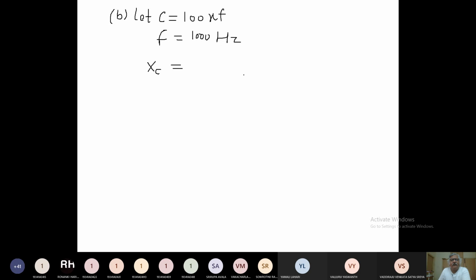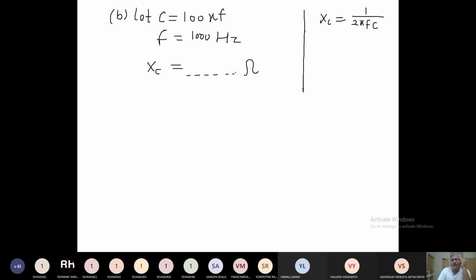So you find out the value of this Xc. Yes, someone can calculate.